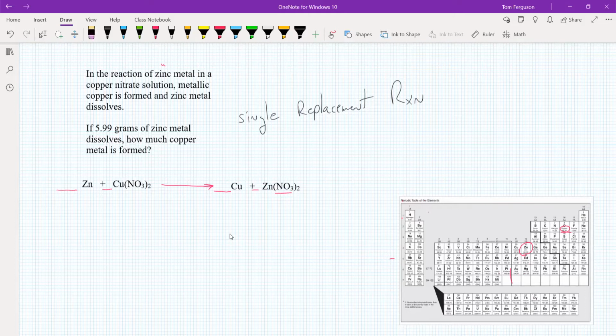So this is 1, 1, 1, 1, 1. Okay, so what's given? 5.99 grams of zinc metal. That's this guy here. And what are we trying to calculate? Copper metal.